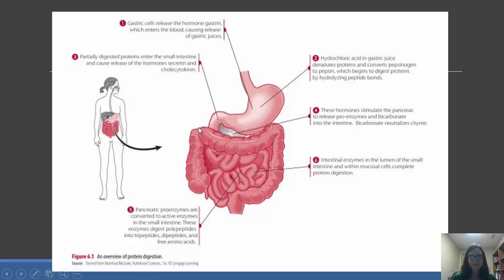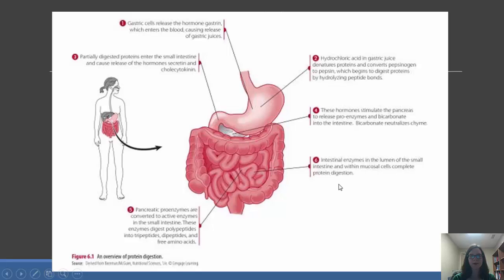Then these hormones stimulate release of pancreatic proenzymes and bicarbonate to neutralize the chyme. Then the pancreatic proenzymes are converted into their active enzymes in the small intestine, which help to digest the polypeptides into tripeptides, dipeptides, and free amino acids.